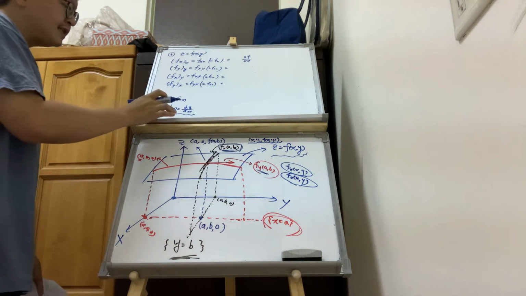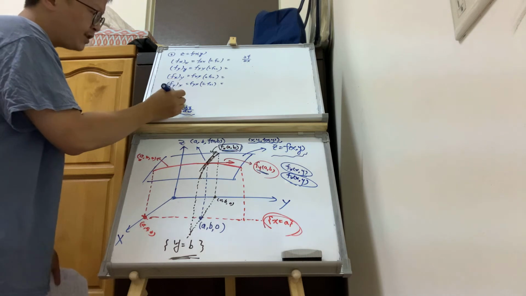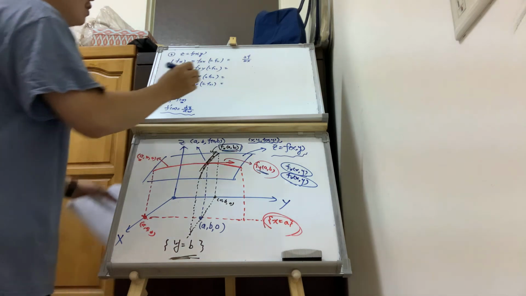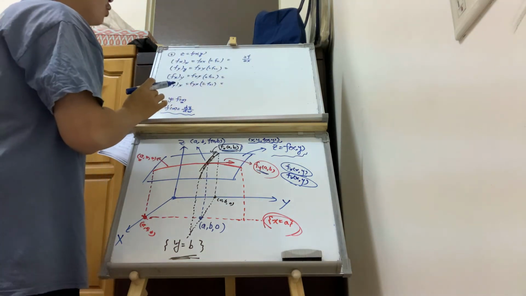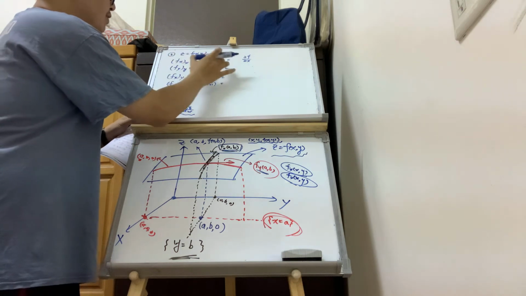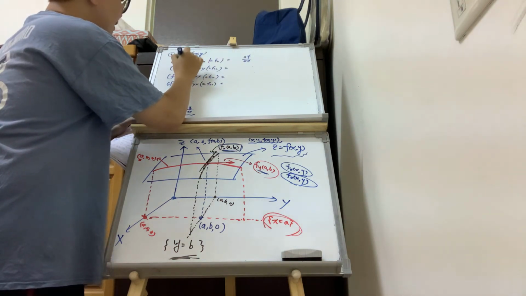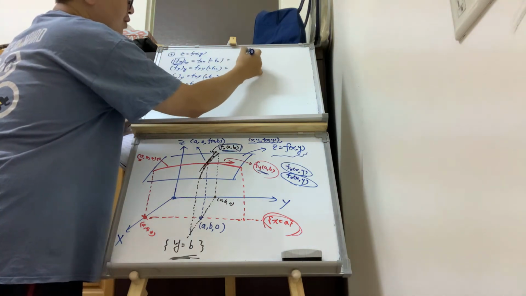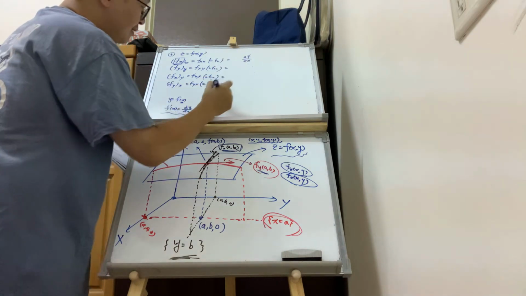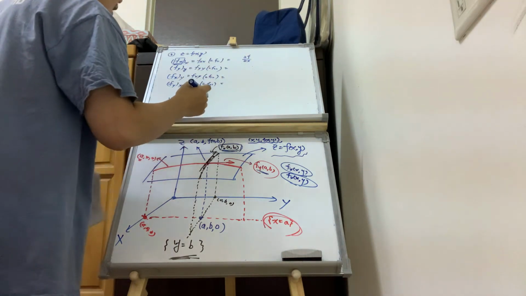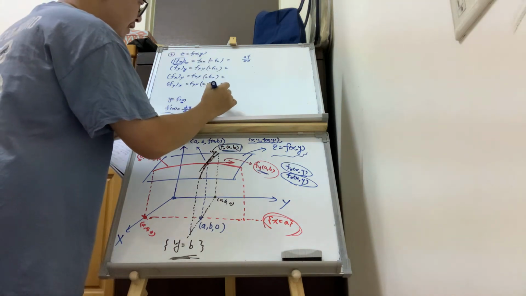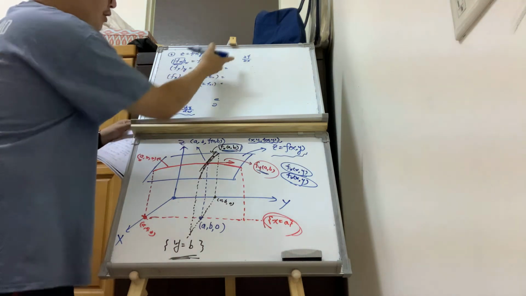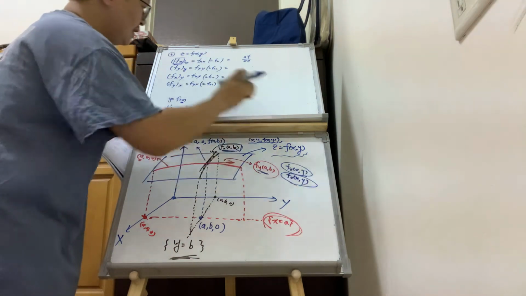When you just have one single variable, then we use the notation d derivative. But now it has two variables, and we just consider variable x, so we use this notation.